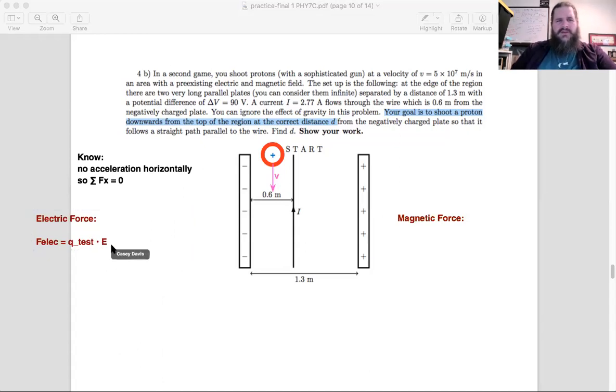So let's see if we can figure out the electric field, because if there's an electric field in this region, we should expect an electric force. And in this region, between the charged plates, we should expect an electric field in which direction? Yeah, to the left. Generally, if you've got positive and negative charges involved as source charges, and we're treating the plates as source charges here, you should expect electric field from positive towards negative.